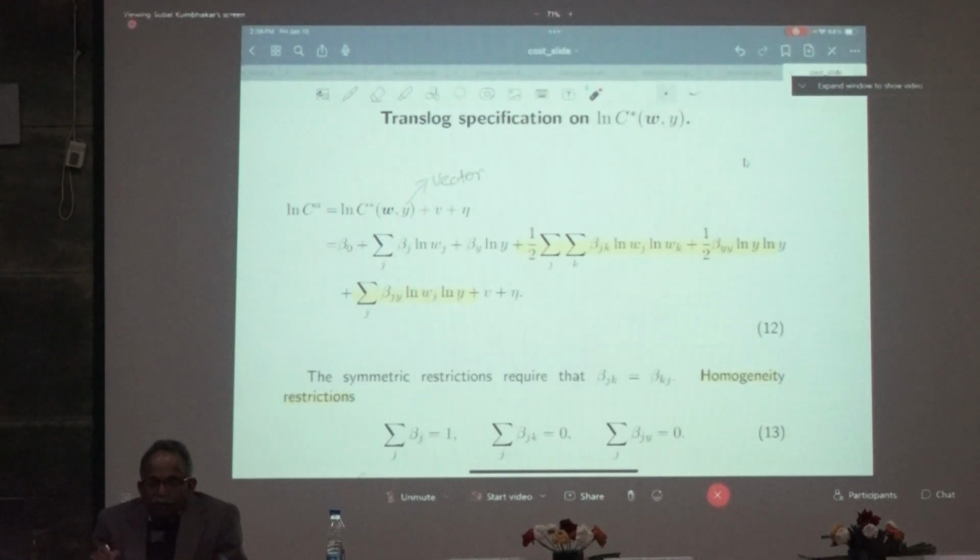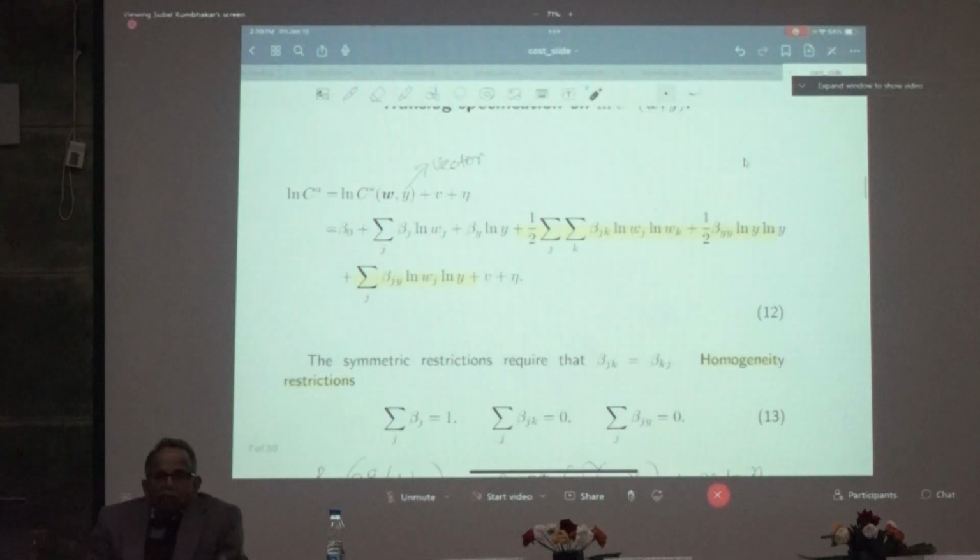What happens is that the cost function is homogeneous of degree 1. What is the meaning of homogeneous of degree 1? You may have seen that a function is homogeneous of degree 1 if you increase the right hand side by lambda, the left hand side will increase by lambda. Now, why is the cost function homogeneous of degree 1? What is the definition of cost?